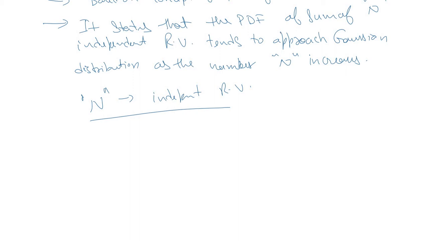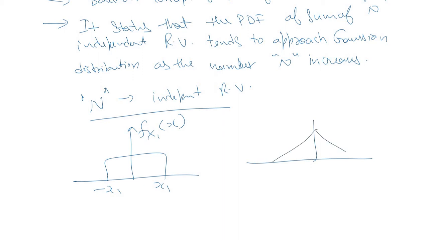Just for an example, let's say we have two random variables whose distributions are given, fx1 spreading from minus x1 to x1. Second one is x2 random variable given by this distribution, so minus 2x1 to 2x1.